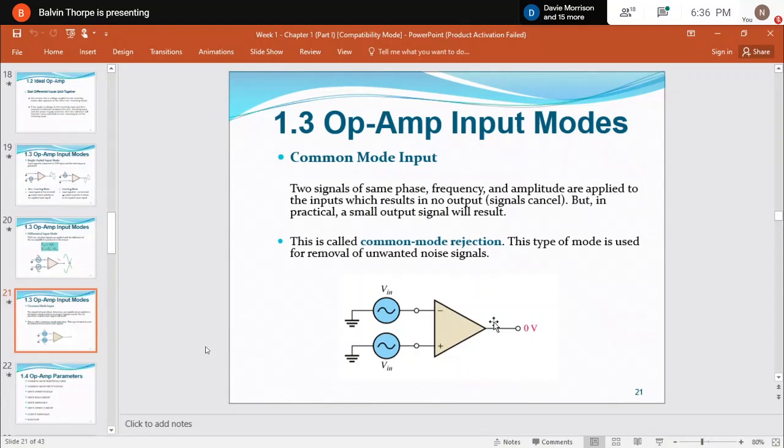And therefore CMRR is a measure of how well the transistor is rejecting signals that are common and amplifying signals that are different.